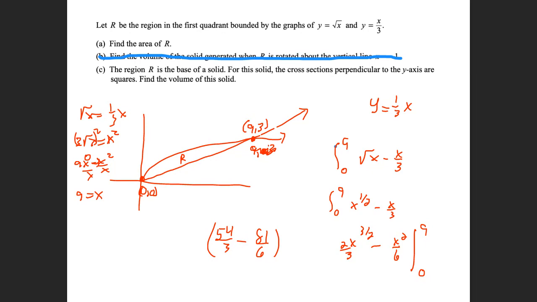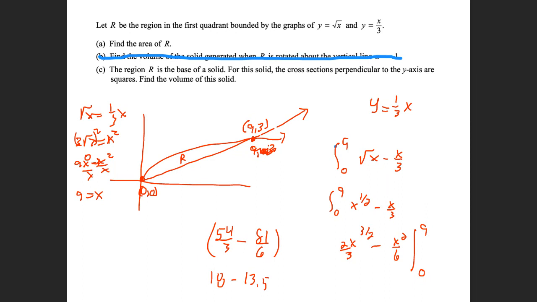I don't know if I can simplify that down any. 81, does 3 go in there? So let's see here. So I might just divide out a 2 on top and bottom. I can't do that. So let's see here, 54 divided by 3, so that's 18 minus, and then 81 divided by 6, 13.5.